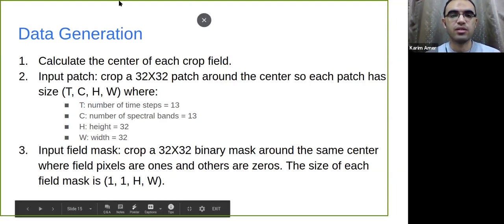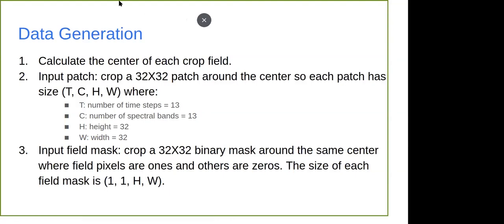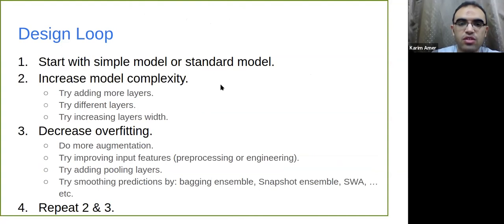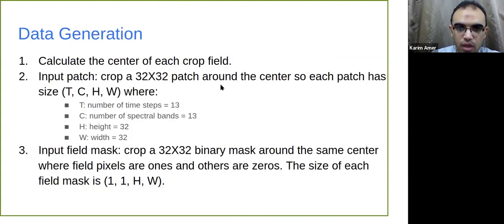So we have a question. Varun Prop Hacker asks why did you choose 32 by 32? That's a good question. I started with 8 by 8, increased to 16 by 16, then 32 by 32, and 32 by 32 gave me the best results.